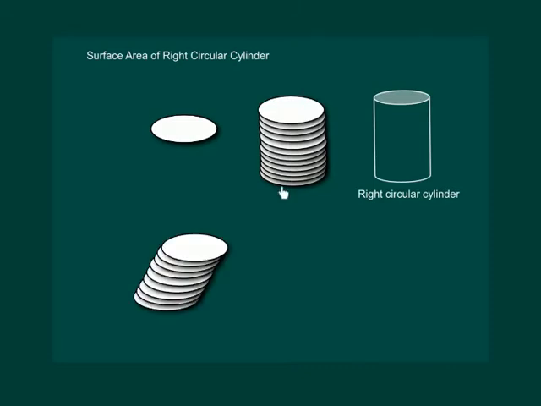But if these circles are not kept at right angles to the base and the base is circular, then we get something like this, and surely the cylinder so formed is not a right circular cylinder. A rough figure would be something like this.